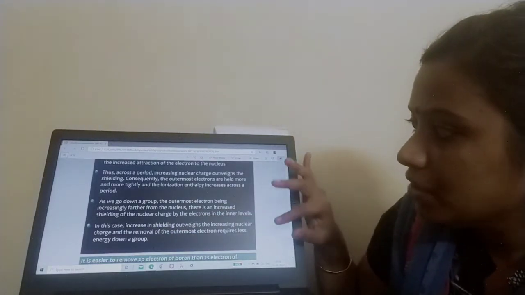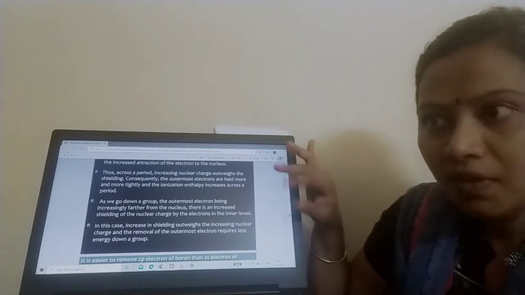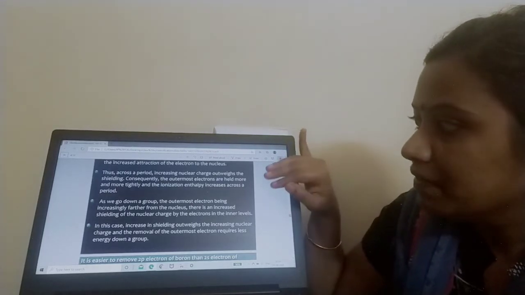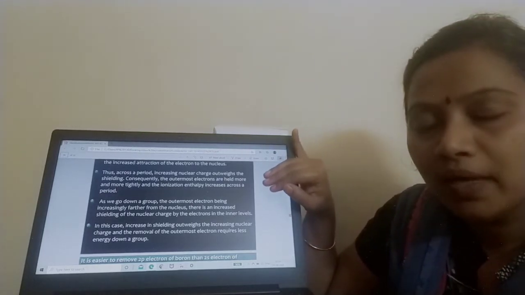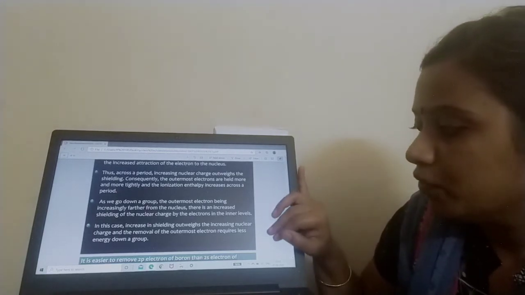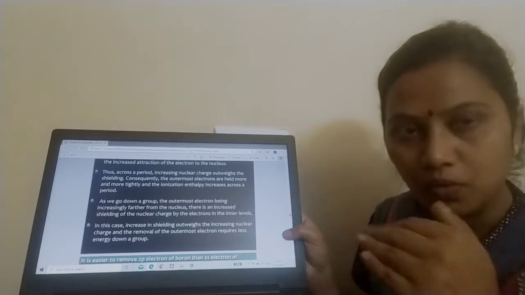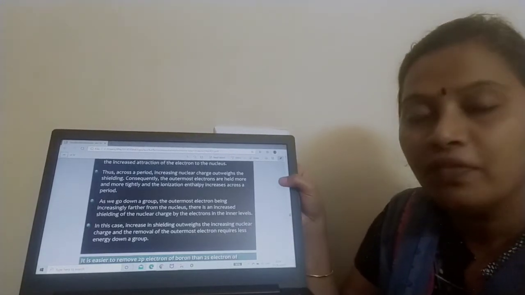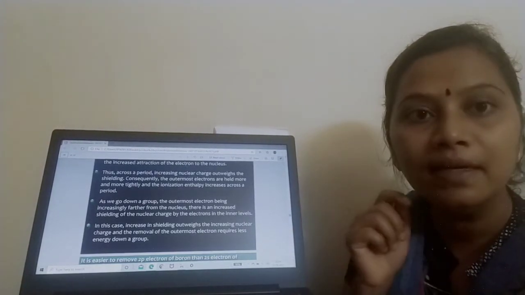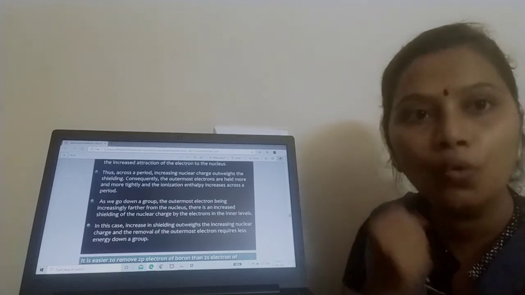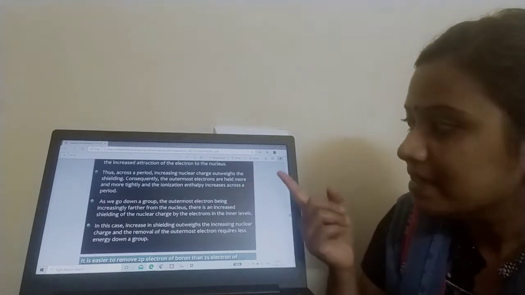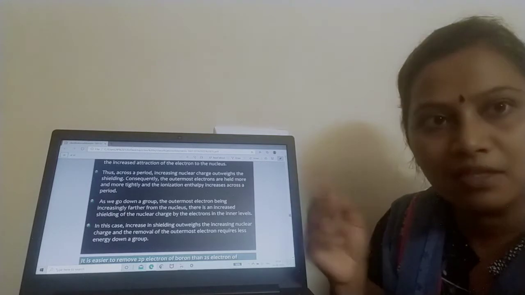Actually, these two statements are contrary: as we move from left to right across a period, and as we move from top to down of a group. Here I told you, when I increase nuclear charge, the increased nuclear charge is able to overcome the screening effect. As a result, ionization enthalpy increases across a period.